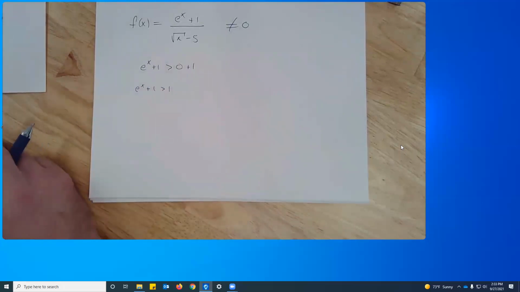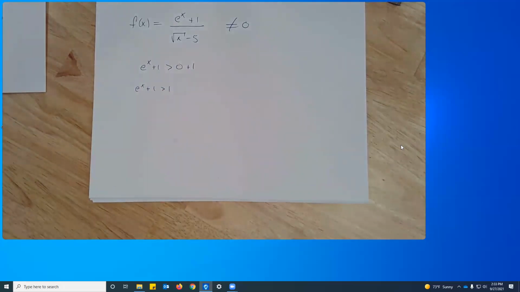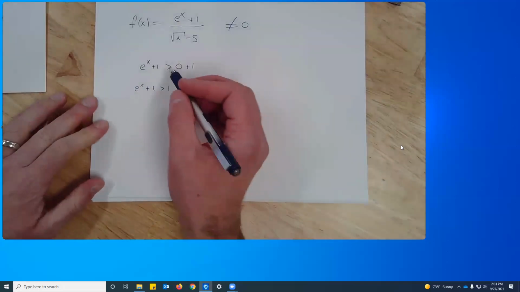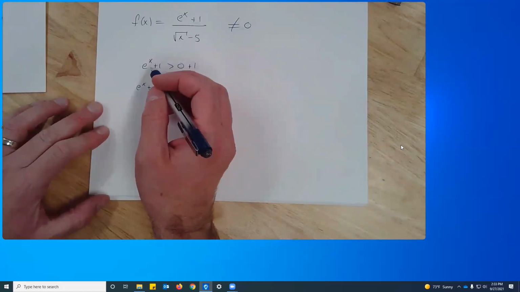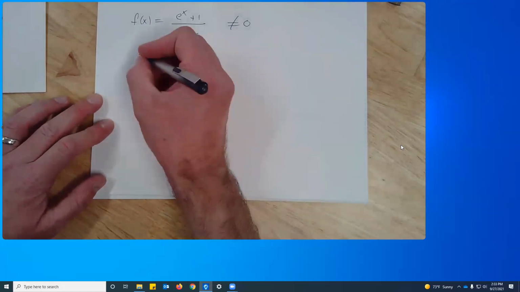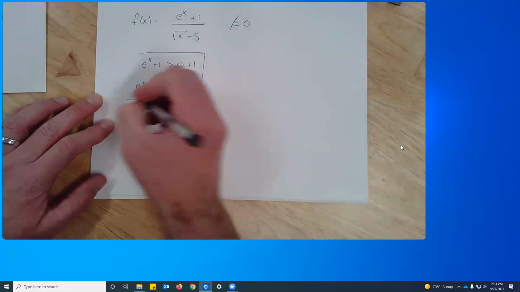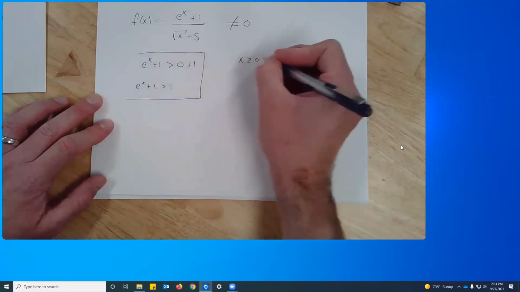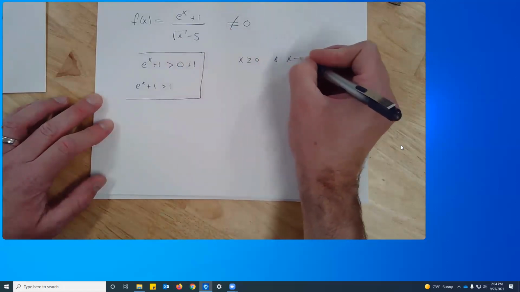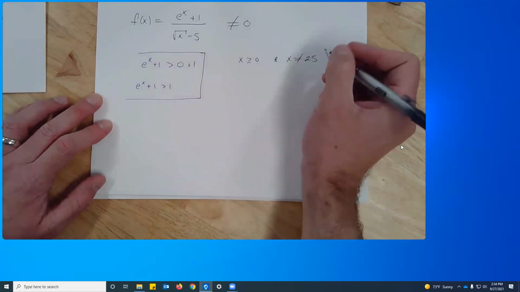Honestly, I don't know how you would find the range necessarily without any other tools. I'm trying to think about it, but we're actually even more limited than that, because if we start with our domain, x being bigger than or equal to 0, and x not equaling 25, plus 2, by the way.